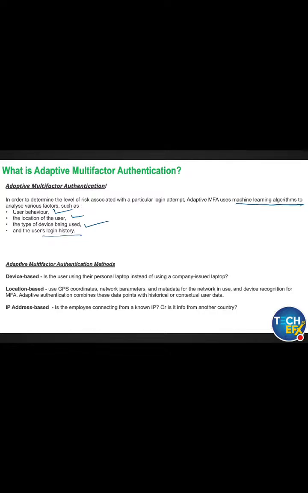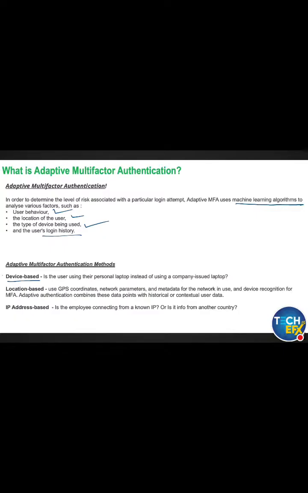Adaptive authentication takes advantage of real-time analytics to get a complete picture of the circumstances surrounding each login. When a user tries to sign in, an adaptive authentication system looks at things like device verification. These are the different methods adaptive multi-factor authentication offers.